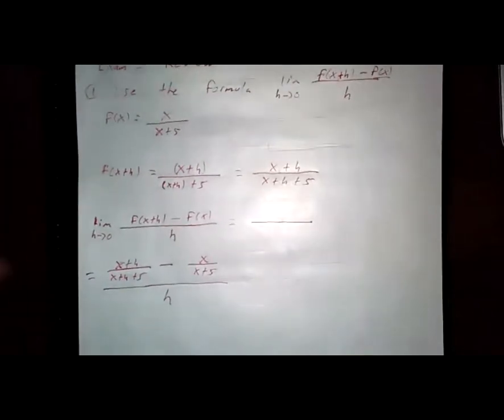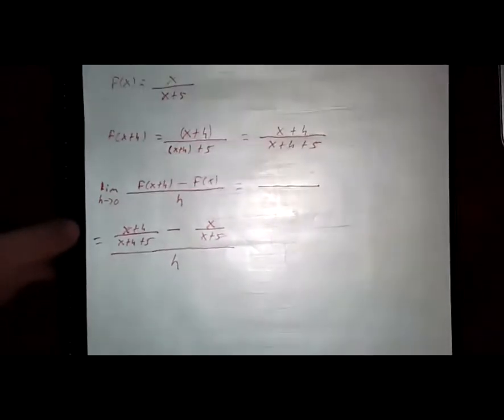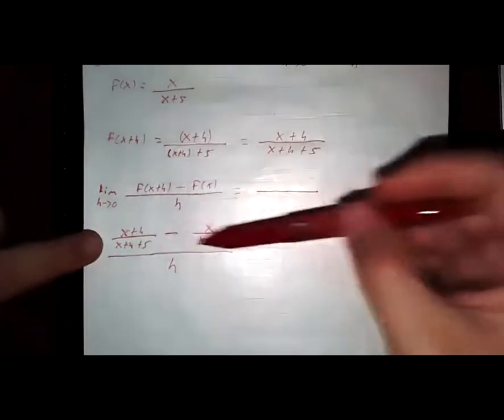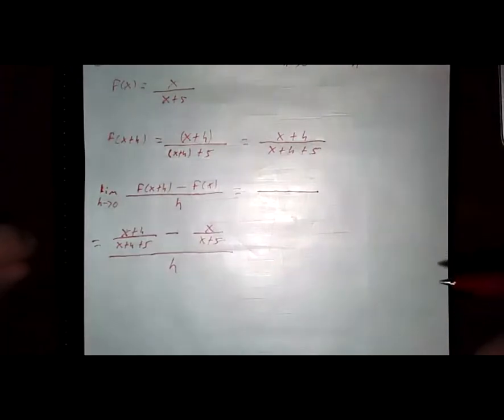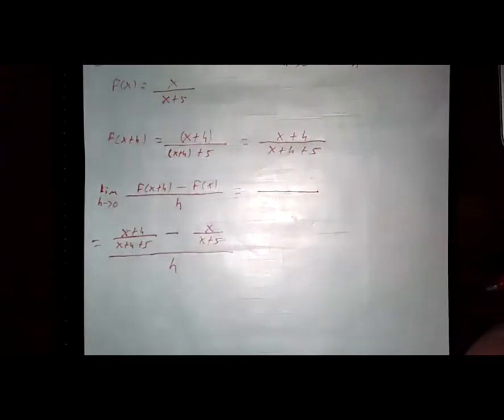It doesn't look very pretty, right? But doing this at least shows me you understand what they're asking. And if you get bogged down by algebra, at least you're mostly good. So here we have to combine the fractions and then divide by h. Stuff should cancel, and then the h's will cancel.